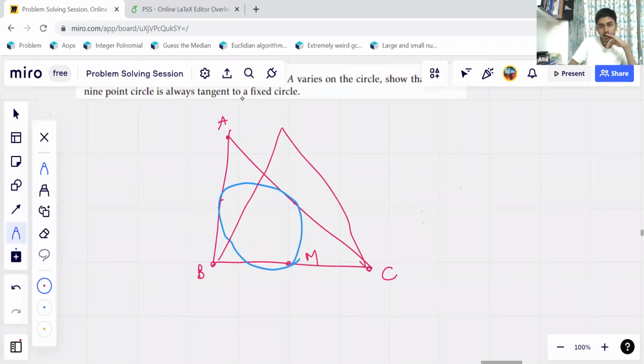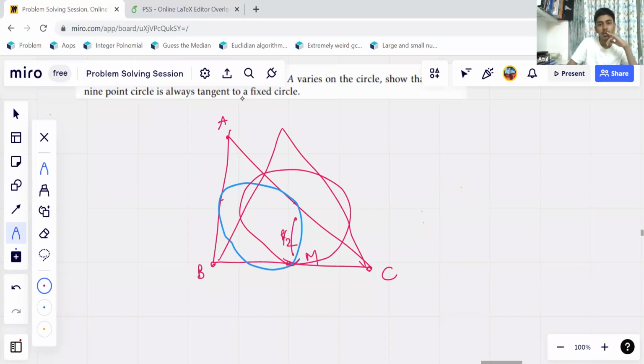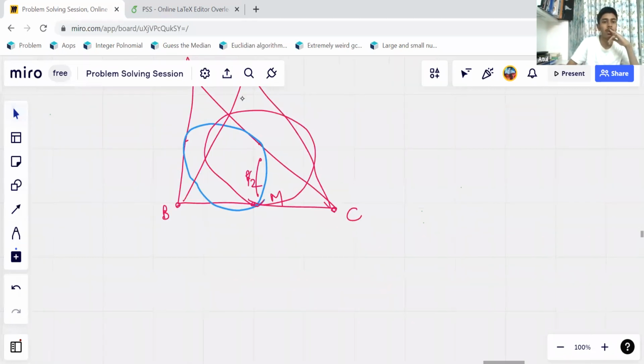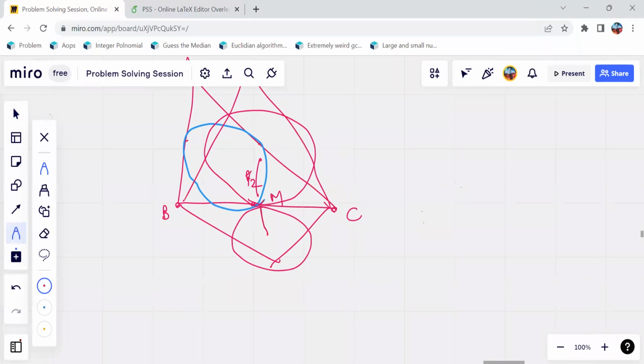Okay, if A was the midpoint of this arc, then the circle is just the one tangent to BC and with radius R by 2. Oh wait, also in this case, if you pick it to be the other midpoint of arc, then also it's just that, no? Yeah. So it's the same thing reflected across BC.